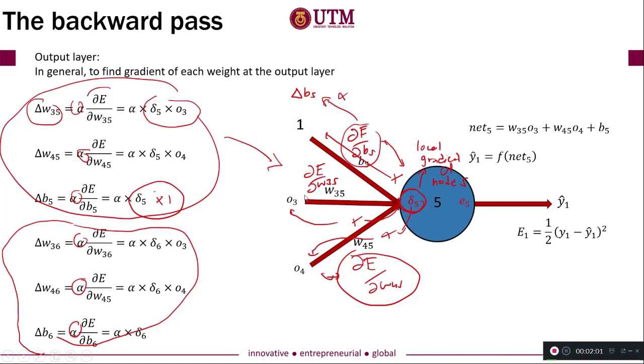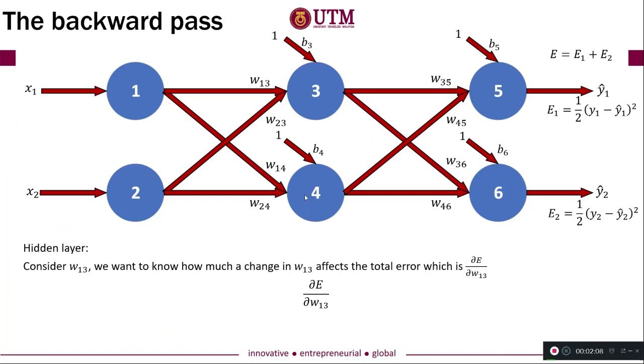So now let's continue to the adjacent layer, which is the hidden layer. We already identified the updater of this one, this one, this one, this one, this one, and this one.